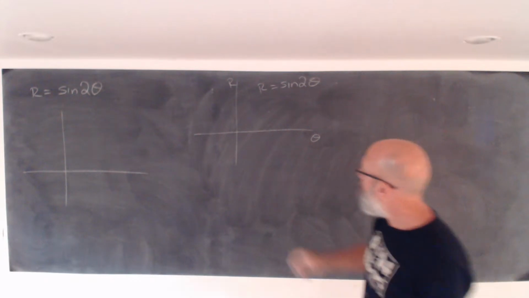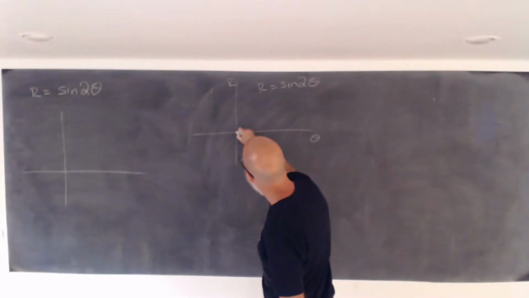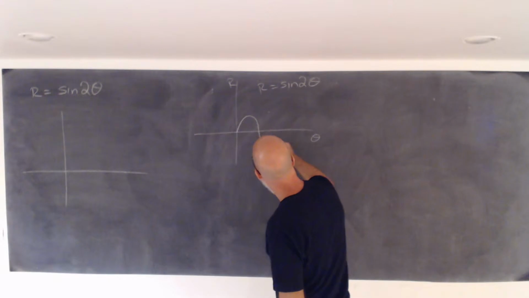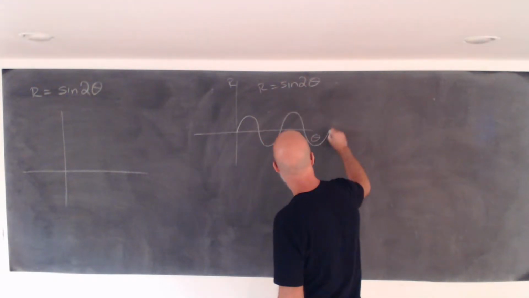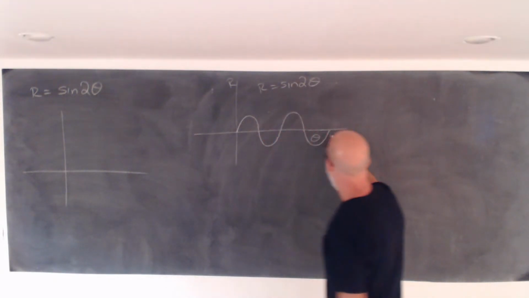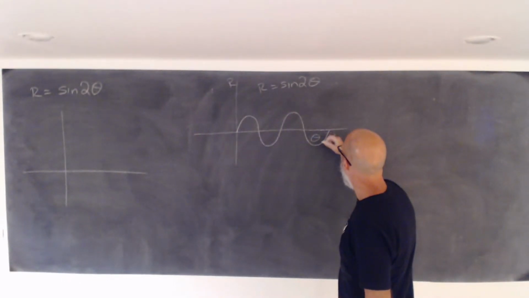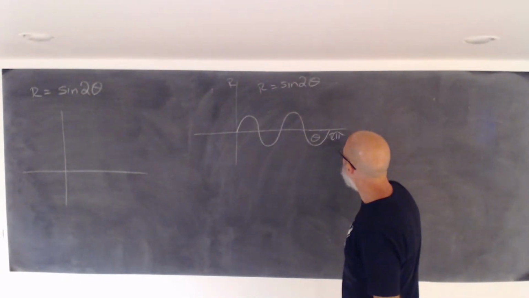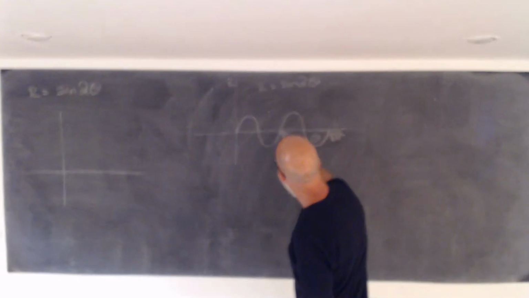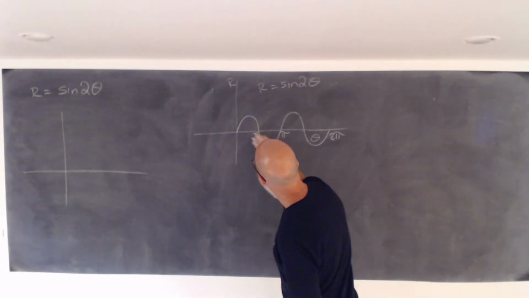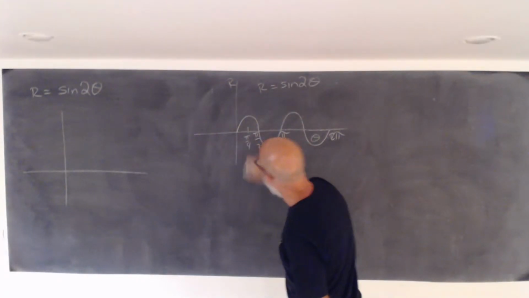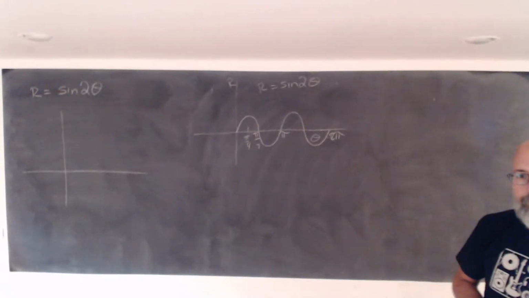The period is twice as fast. So you get all of that in 2 pi. So this was pi over 2, that was pi over 4, and so on.